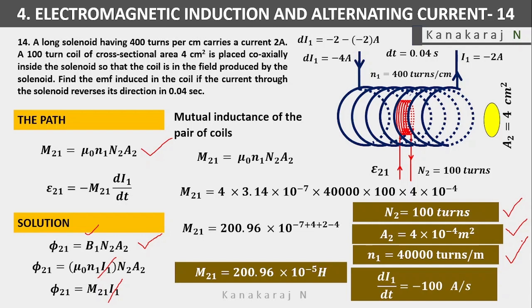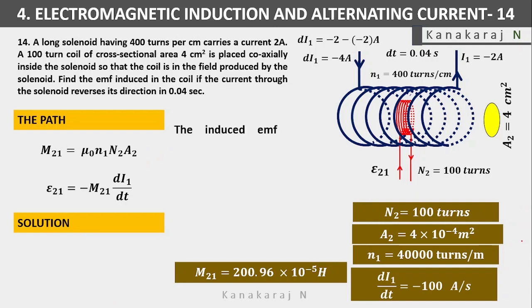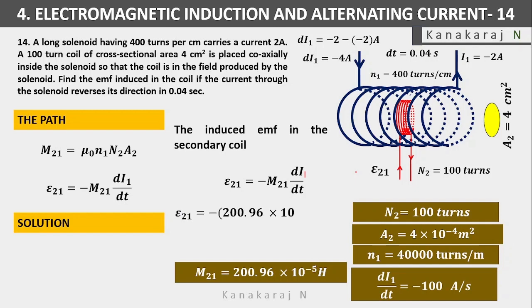Now let us find the induced EMF in the secondary coil. The induced EMF in the secondary coil is given by the formula epsilon 21 equals minus M21 dI1 by dt. Then we substitute the data: M21 equals 200.96 into 10 power minus 5, and dI1 by dt, which we already found, is minus 100 ampere per second.